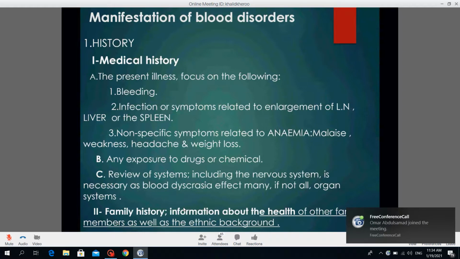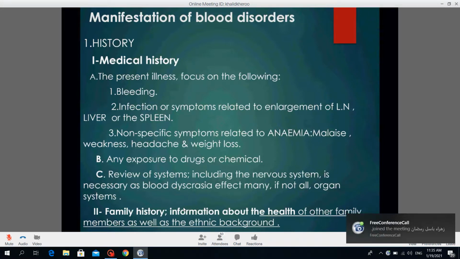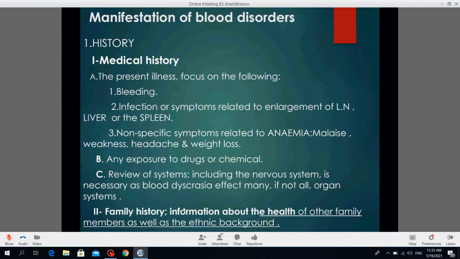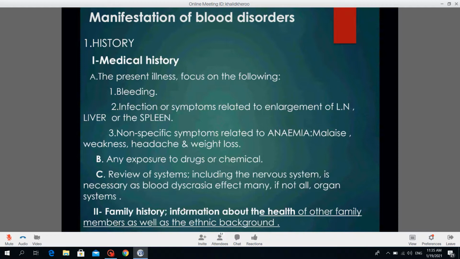Another important point in the history to concentrate on: is there any exposure to drugs or chemicals? Here, the drugs may exacerbate an already present problem in the blood. For example, those patients with deficiency of the enzyme glucose 6-phosphate dehydrogenase, on exposure to certain drugs, for example sulfa drugs and anti-malarial drugs, may have exacerbation and hemolysis.